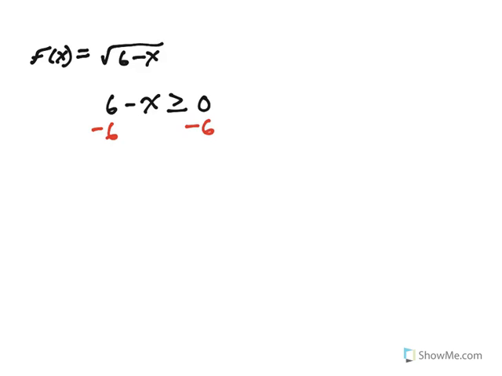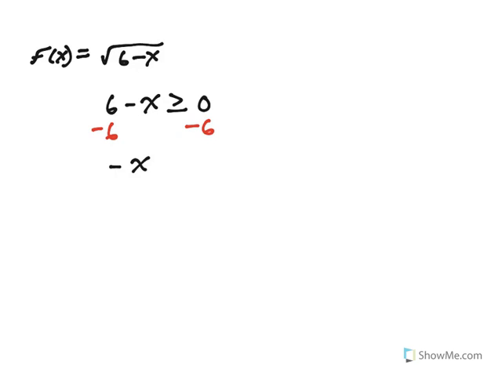So another example of a radical function is, let's say you had f of x equals the square root of 6 minus x. Okay, so we're going to take 6 minus x and we're going to set it greater than and equal to 0, and we're going to start solving for x. Okay, so I would probably just go ahead and subtract the 6.